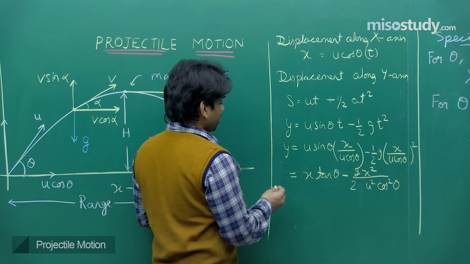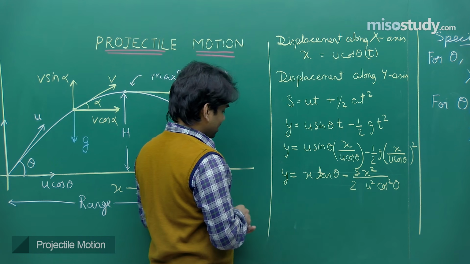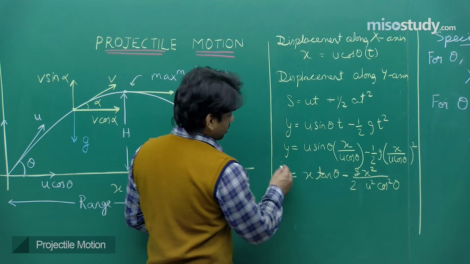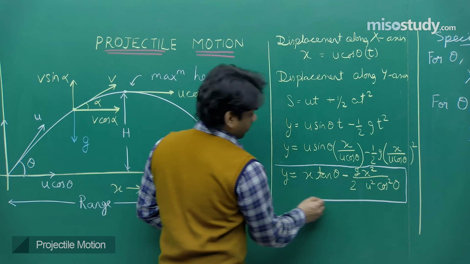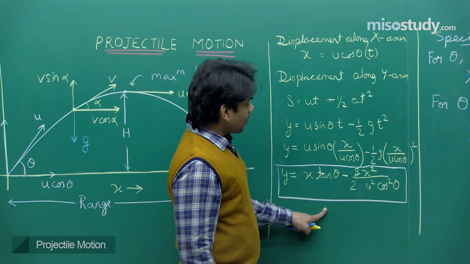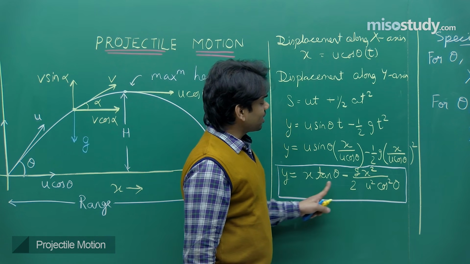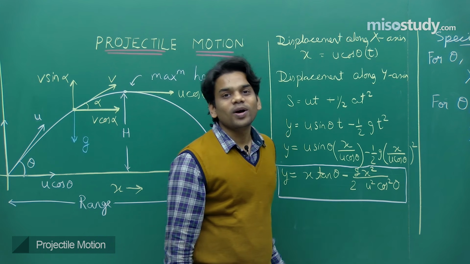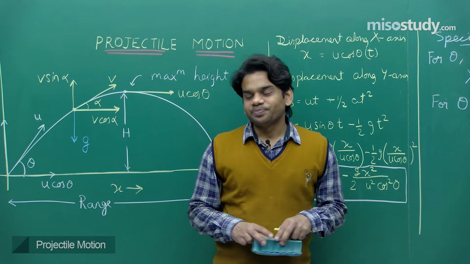This is actually the trajectory of the particle, how y and x are related to each other. So note down this equation separately. You should remember y equals x tan theta minus half g x square upon u square cos square theta. This is the equation of trajectory of the particle.